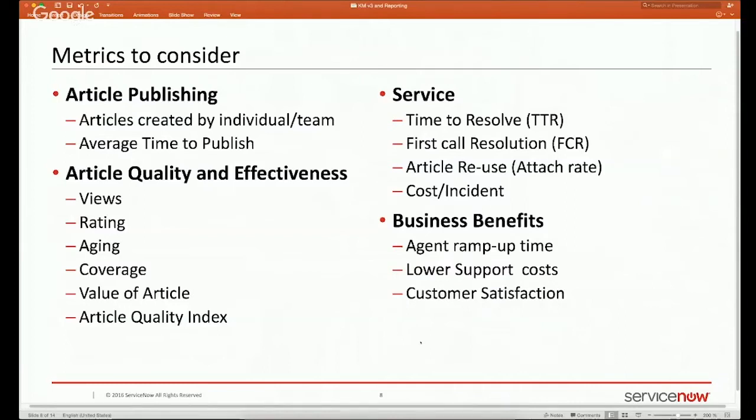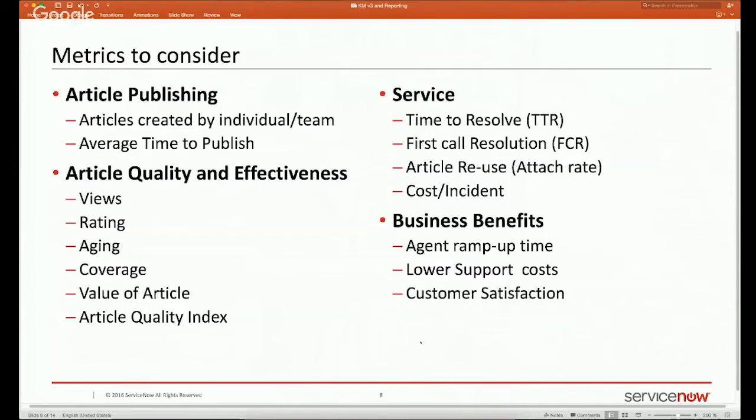However, if it has been rated on average at 5 out of 5, then I'm going to give it like 100 points. So you can create a computed value, and that value is a combination of other areas of measurements, and it's the value of an article. Too often, that is what determines how effective that article is.